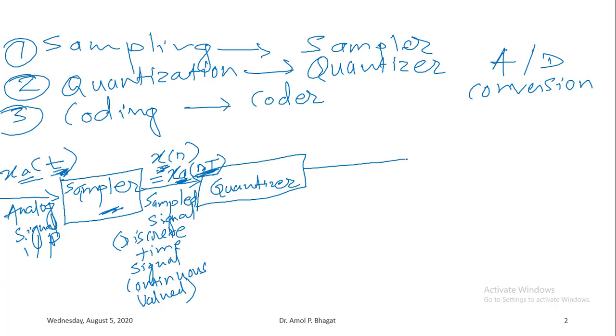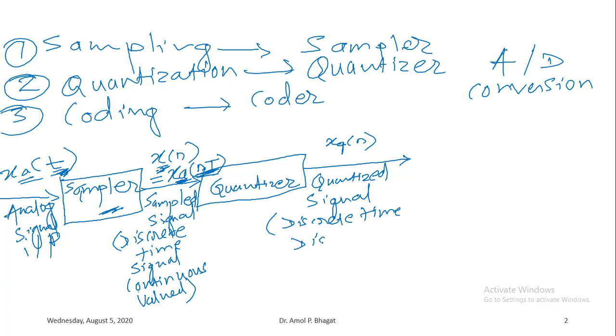The output of the quantizer is denoted as xq(n). This is called the quantized signal, and it is a discrete time as well as discrete valued signal.